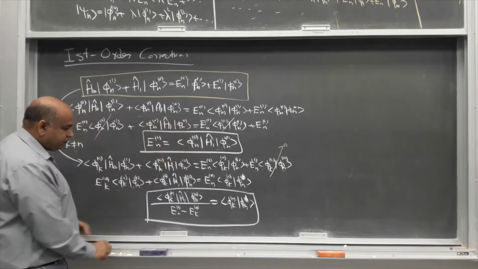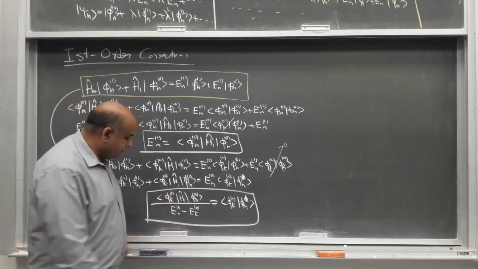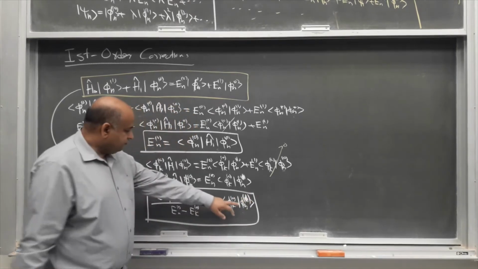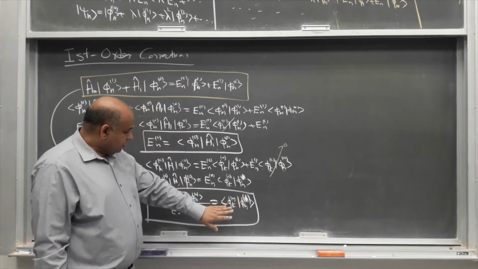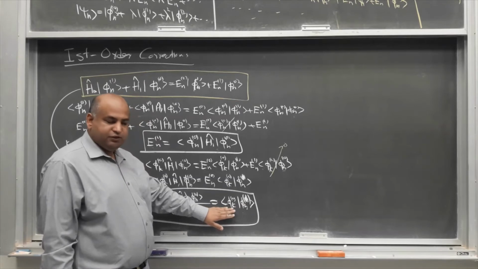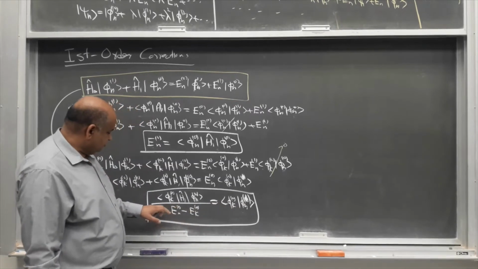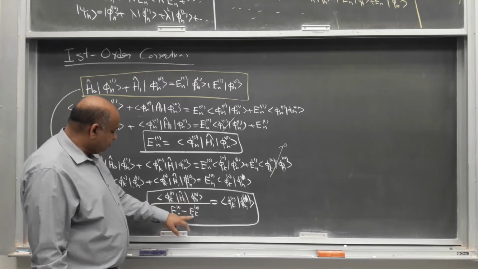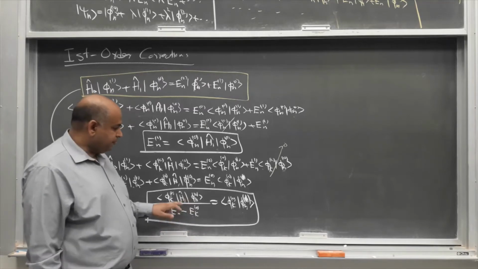So this is important, because this gives us the projection of phi n1 onto each of the phi k0 in terms of phi n, phi k0, E n0, E k0, and H1.